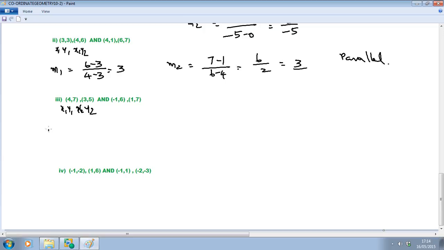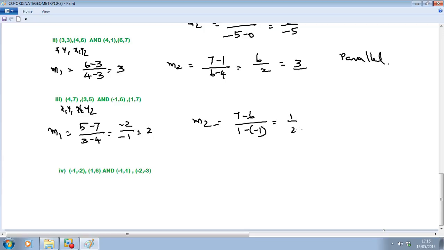Slope m1 is equal to 5 minus 7 divided by 3 minus 4, which is minus 2 divided by minus 1, equal to 2. m2 is equal to 7 minus 6 divided by 1 minus of minus 1, which gives 1 by 2. Is that correct?